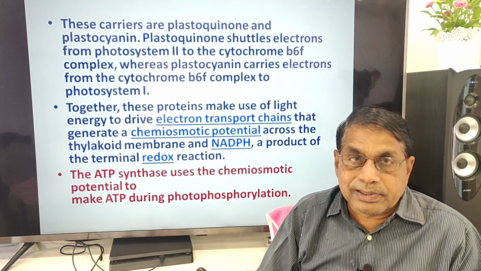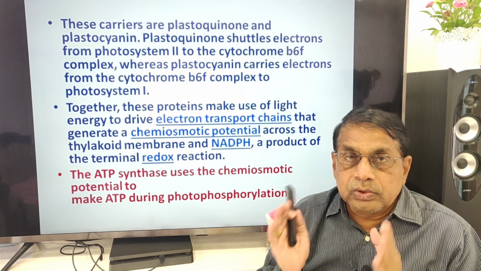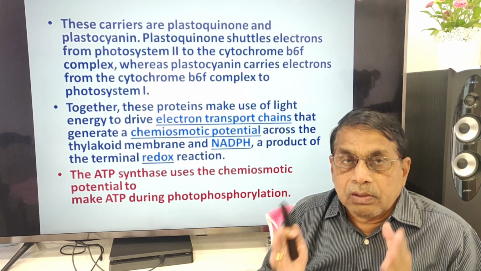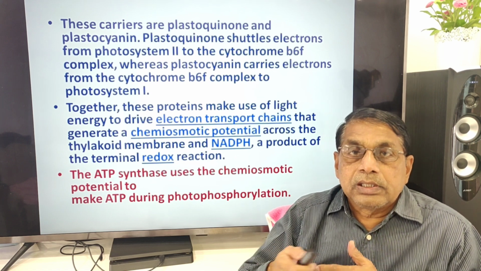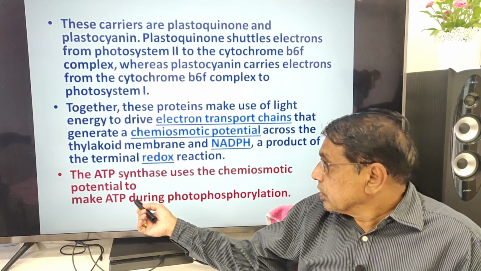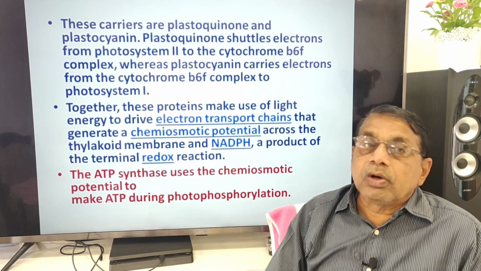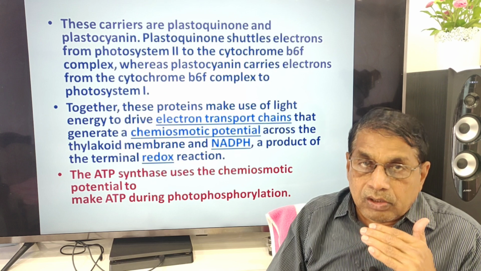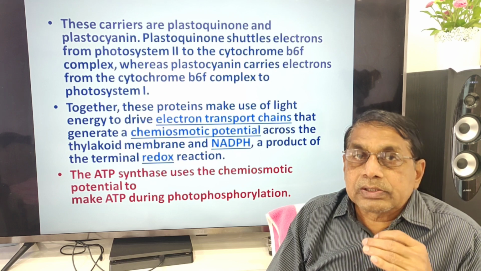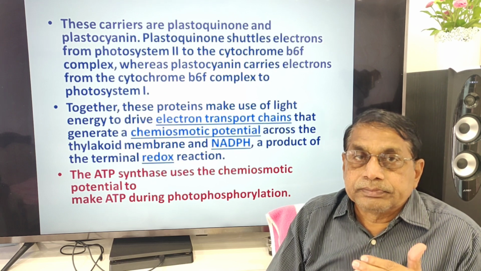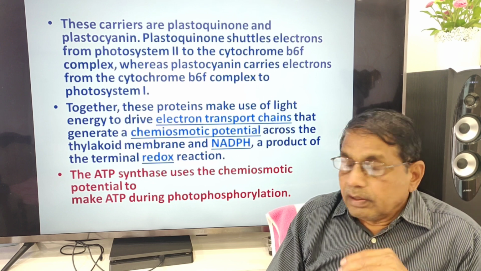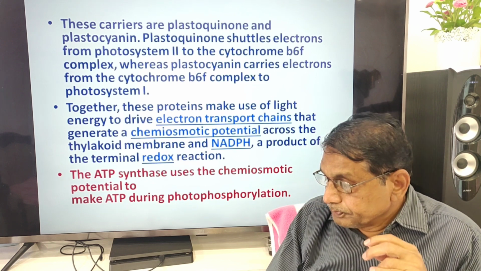This point I will explain later on. In order to synthesize ATP by the ATP synthase, the potential is required, the chemiosmotic potential, also known as proton gradient or proton motive force.